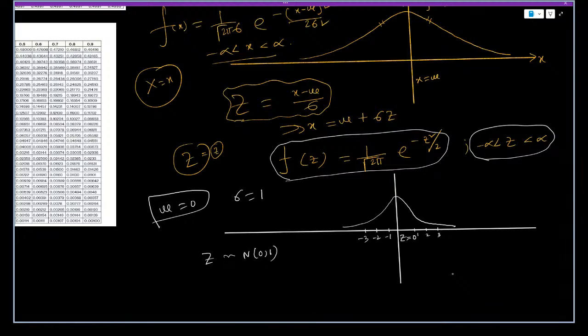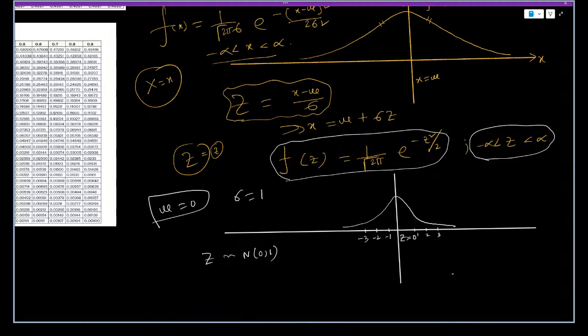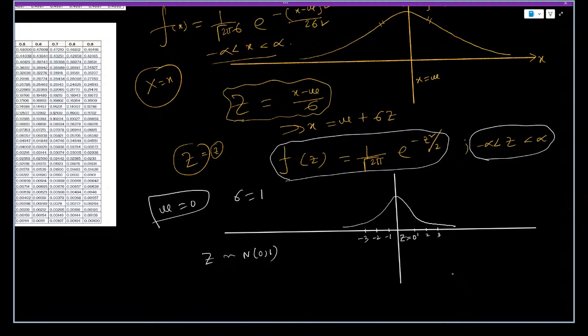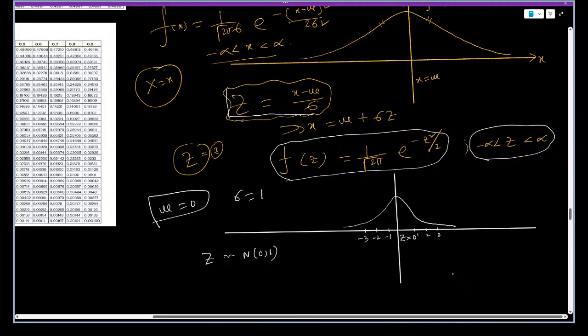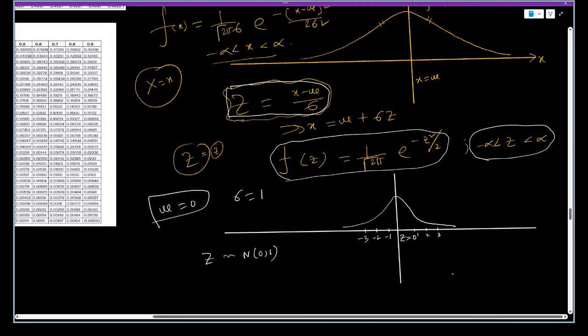It means mu equal to 0 and sigma equal to 1. The advantage of this is that it does not contain any other parameter. You see, only the variable is there, 1 by root 2 pi e to the power minus z square by 2. But you cannot ignore this thing, it is hidden over there. But this particular distribution has no other parameter, only the variable z is there.